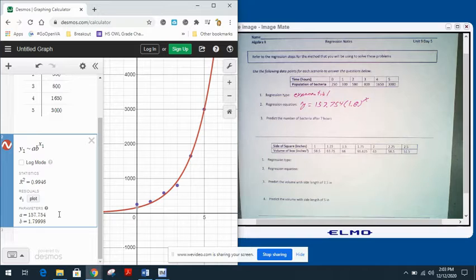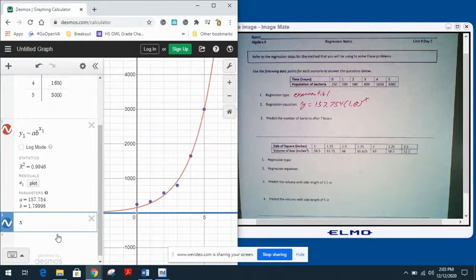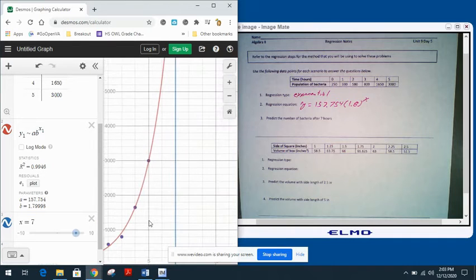And then we want to predict the number of bacteria after 7 hours. So that just means if x is 7, what would be my y value? So I can just type x equals 7 down there and then see where they intersect.